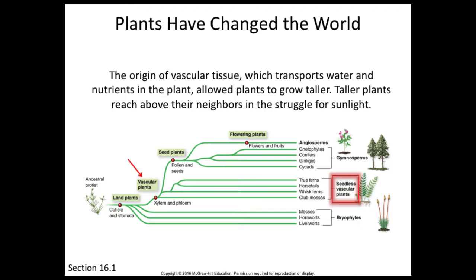The origin of vascular tissue, which is that tissue that transports both water and nutrients in the plant, allowed plants to grow taller. Taller plants could reach above their neighbors in the struggle for sunlight to maximize their photosynthesis.